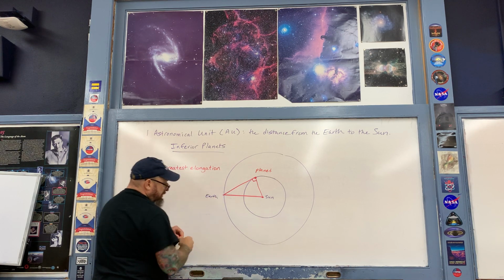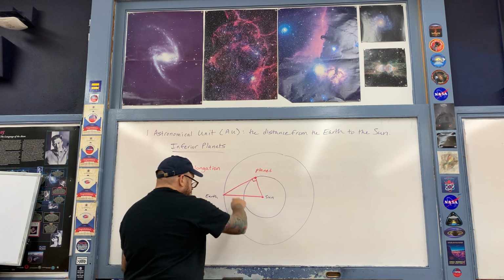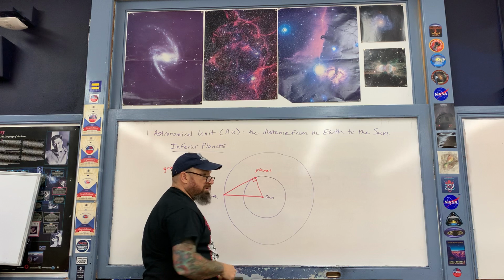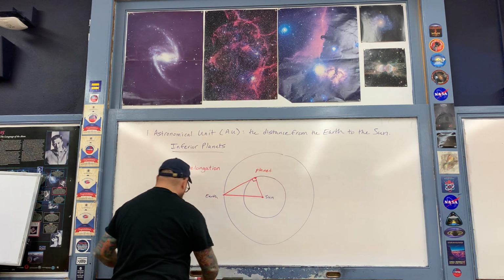So at greatest elongation, this angle here is the largest angle that it's going to be for this planet. And when you do have greatest elongation, this line that I've drawn right here is tangent to the orbital circle associated with the planet. This then gives us right here a right angle.